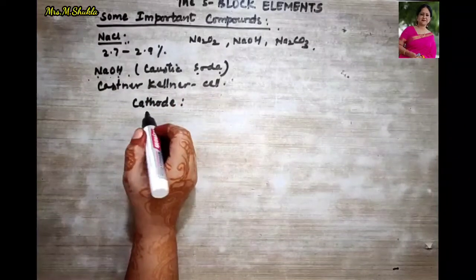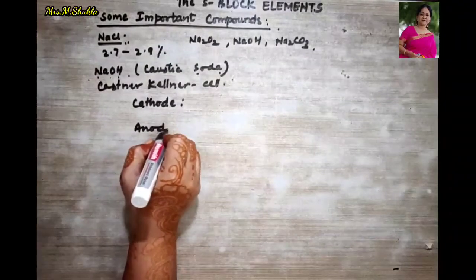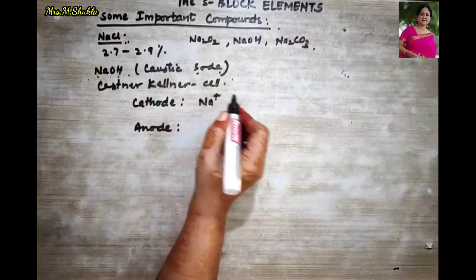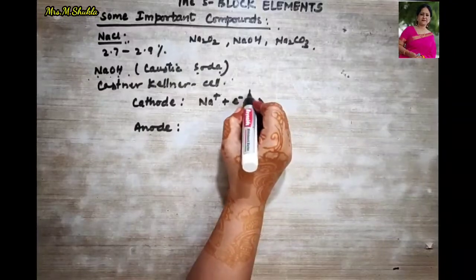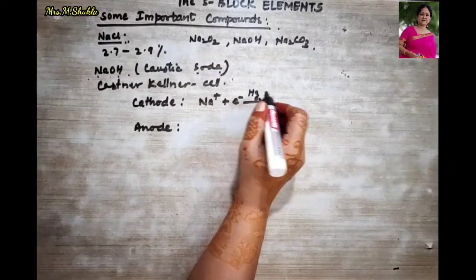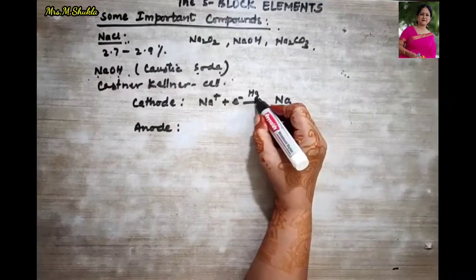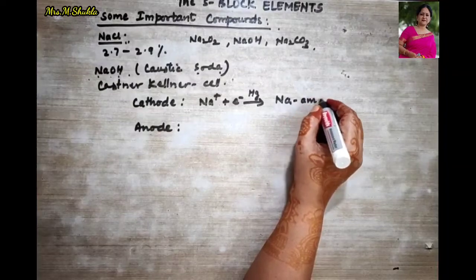So what reaction are we going to observe at the cathode and at the anode, right? At the cathode, what will happen? Sodium ions are going to move, they will accept electrons, and since this cathode is made up of mercury, it is going to form sodium, and since it combines with the mercury, it is going to form sodium amalgam.